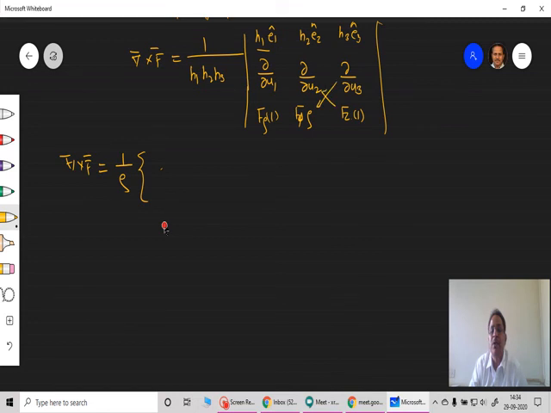You take the product of this and subtract this from this, and you will get the first component, ∂/∂φ. Actually, one step I should have written there. Let me cancel this.